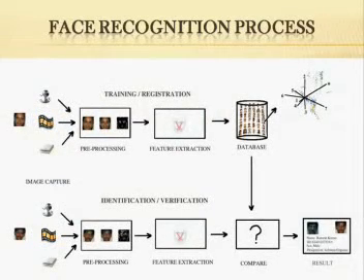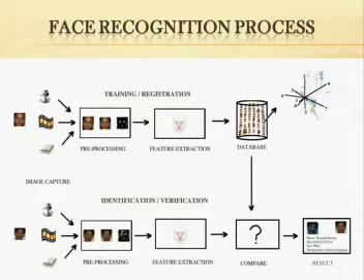This slide explains the face recognition process. The first step is we take the images of each individual from a webcam, video, or scanner as an input. The pre-processing is done by extracting each image's features and they are stored in a database.